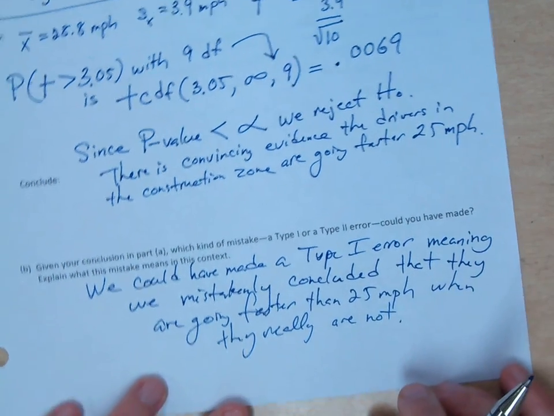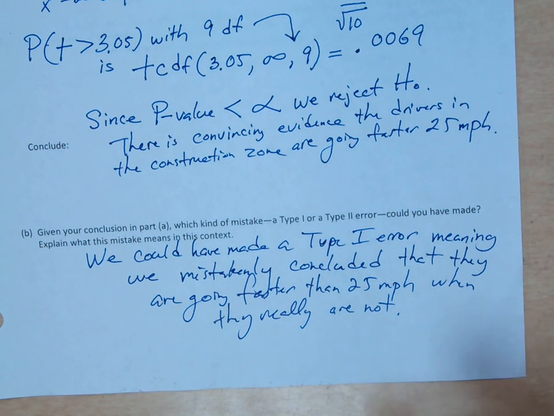So that would be a type 1 error. And the consequences might be that we waste money on putting speed bumps out there when we really didn't need to.